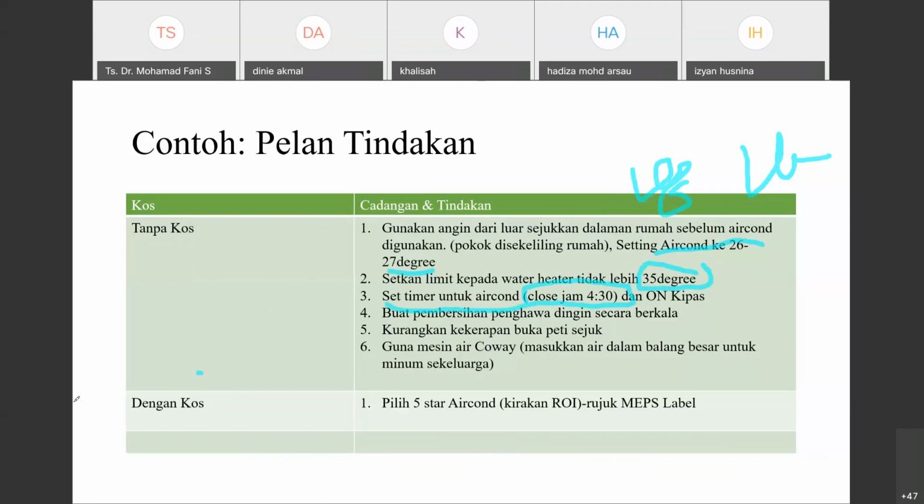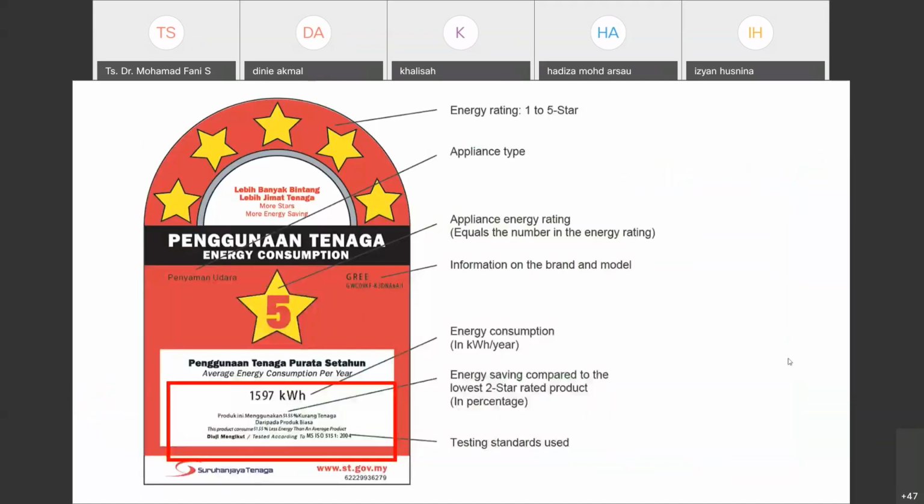And another part is with cost, or if there is the involvement of another cost, for example, using 5-star. Inside the 5-star, for example, maps here. Look at this 5-star aircon, that's the value for the energy reduction compared to the 2-star.